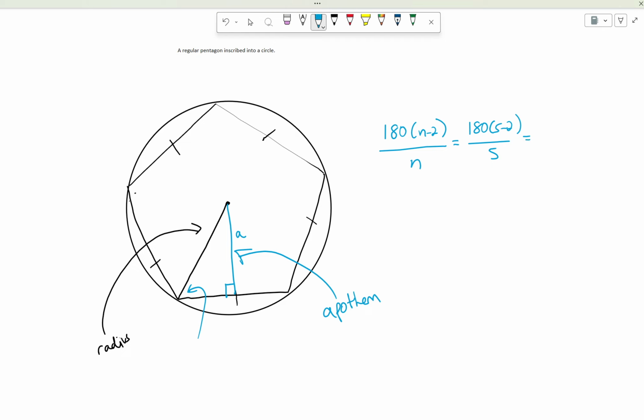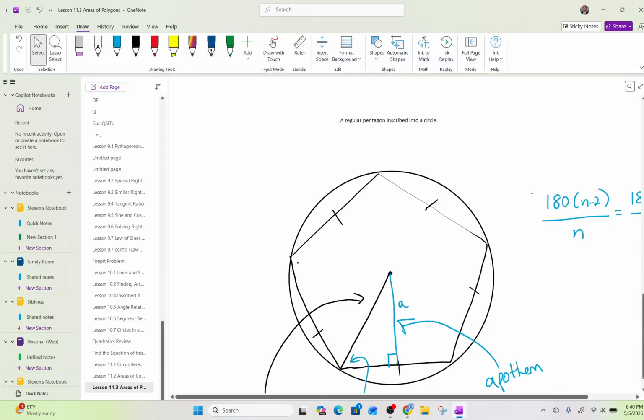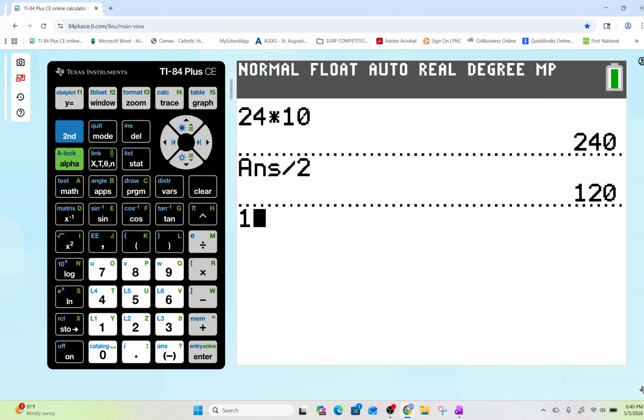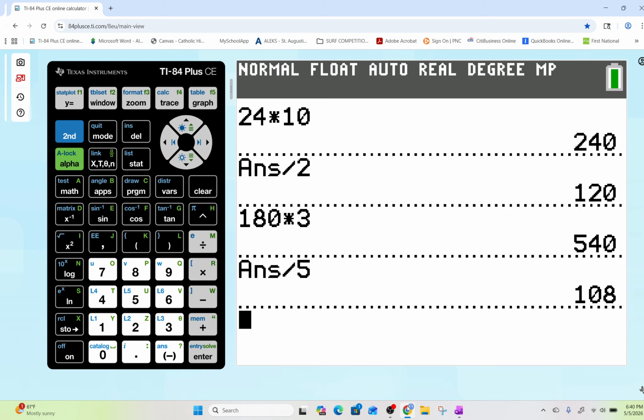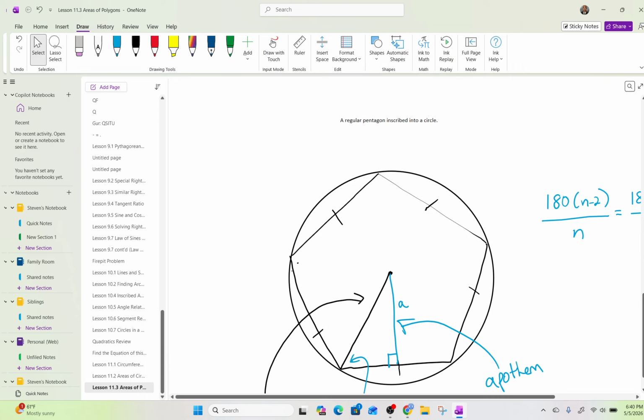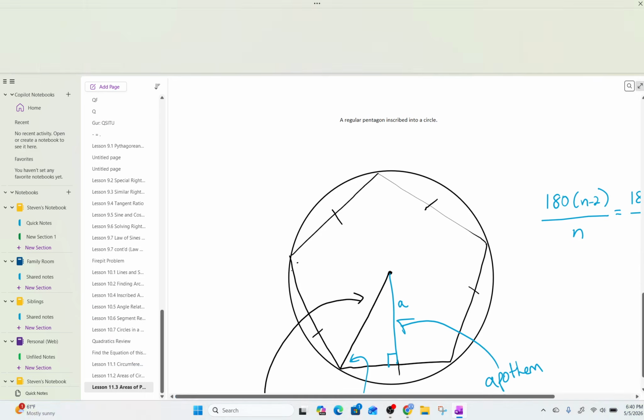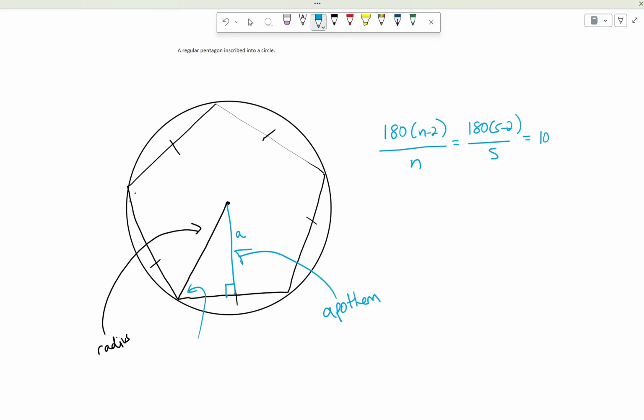As we check in the calculator, 5 minus 2 is 3, so 180 times 3, and then we divide that number by 5 to get 108. So 108 is each of these interior angles of the pentagon. What does that mean?